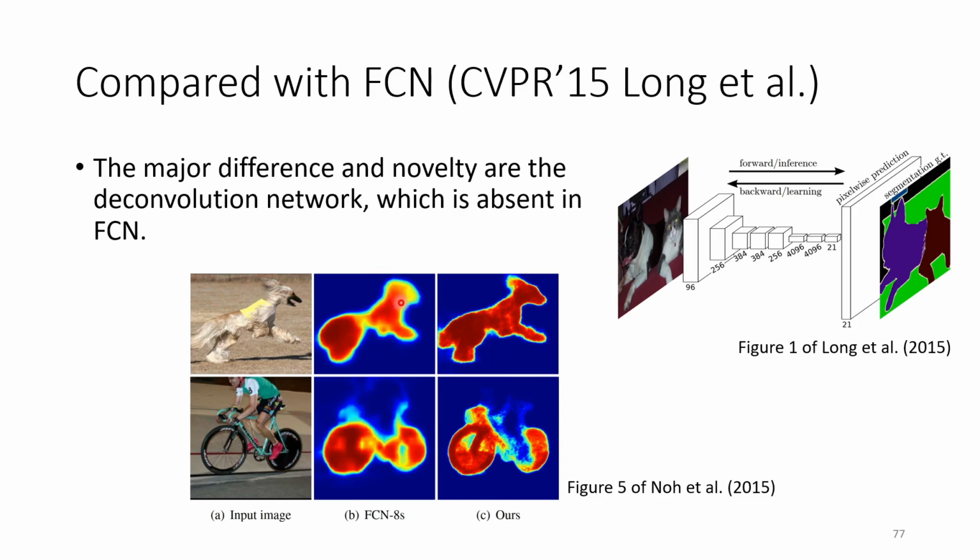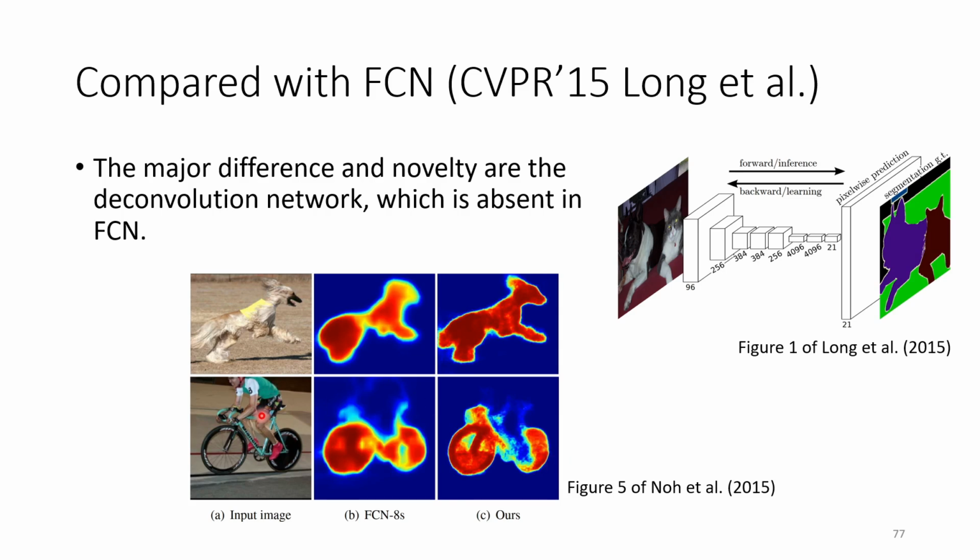For the details, for example, the head of the dog is clear. And for another case, the bicycle, this is the result of the fully convolutional network, and this is the result of the deconvolution network. It is much clearer.